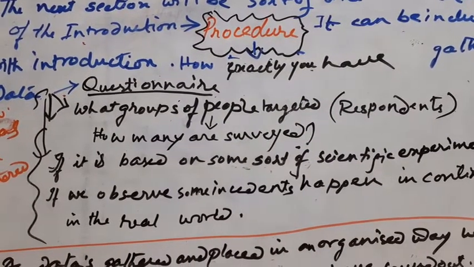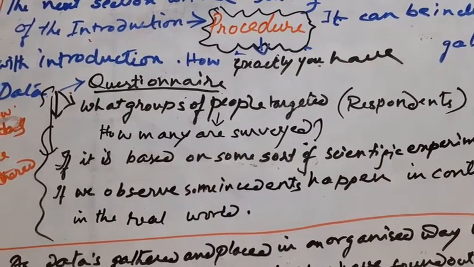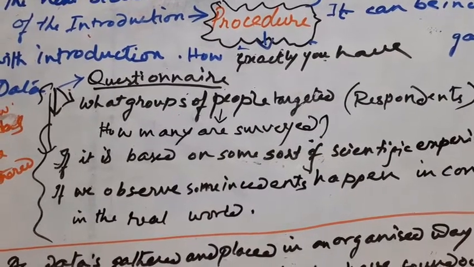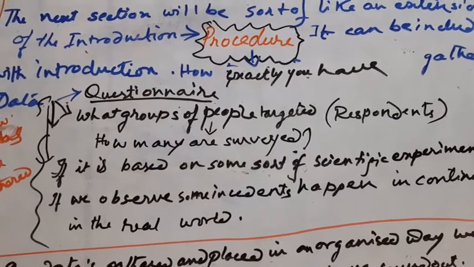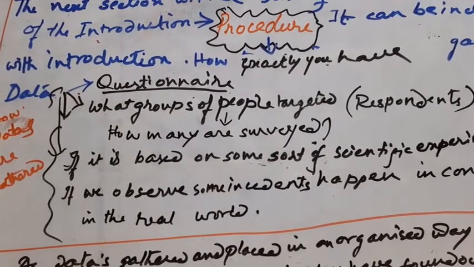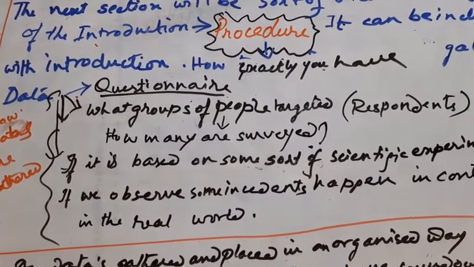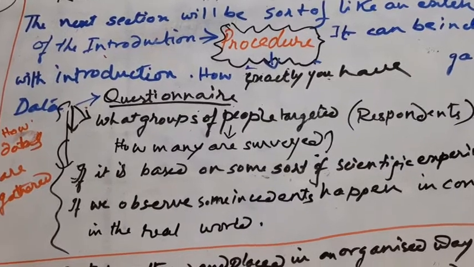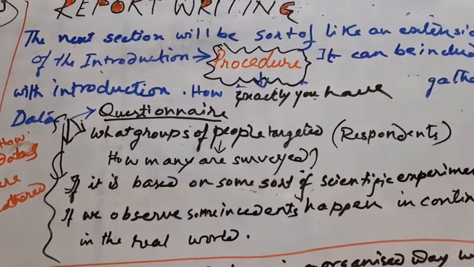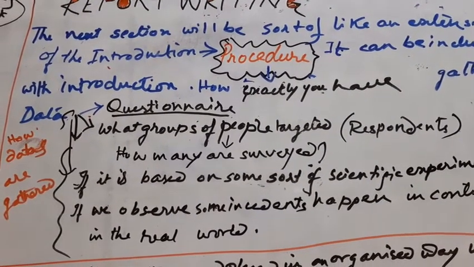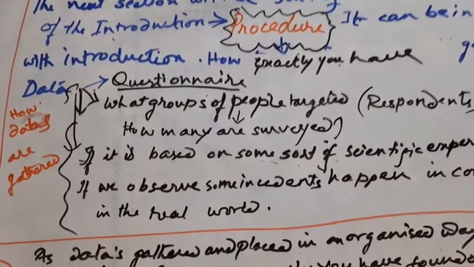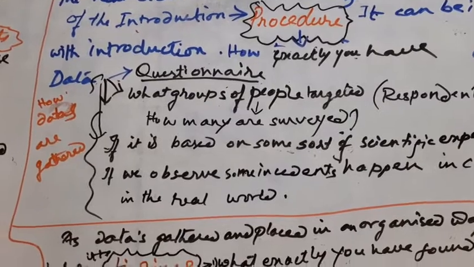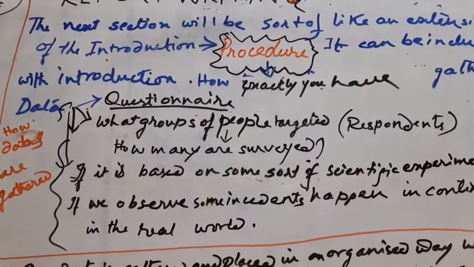If we observe some incident happening continuously in the real world, then the data needs to be collected. That is a procedure for sorting a pie chart or a table or a graph, right? Now next is how the data are gathered, that is called the procedure.